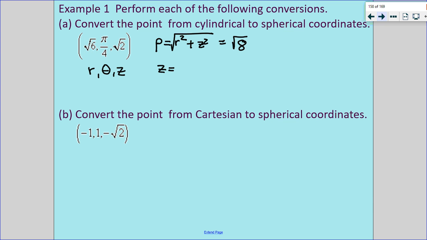Z equals rho cosine phi. So that's radical 2 would equal 2 radical 2 cosine phi. So that means phi would have to equal pi over 3.